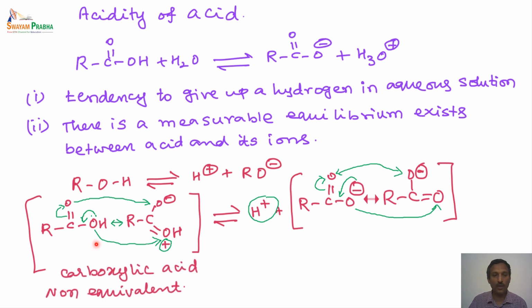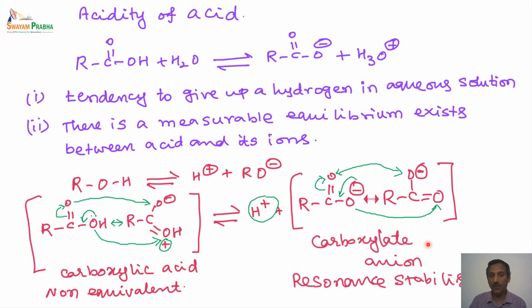So these two structures cannot exist because these are non-equivalent structures. So due to which this does not exist, the carboxylic acid never exists in this particular fashion, whereas this is a carboxylate anion, this is resonance stabilized, and this exists.